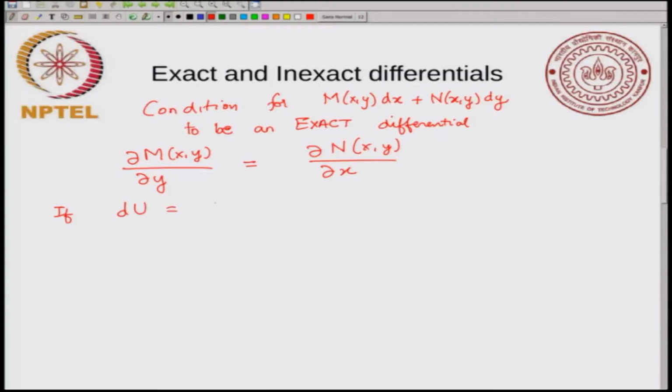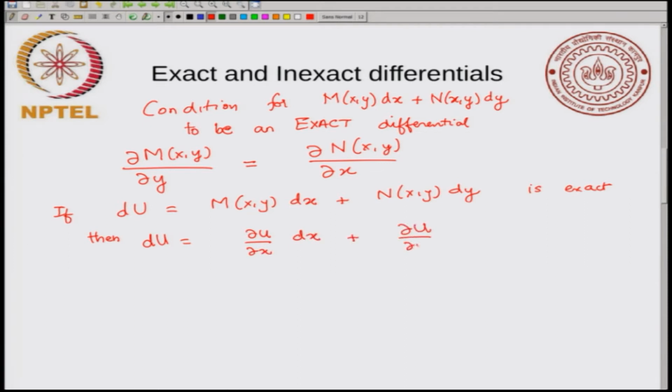du equal to M(x, y) dx plus N(x, y) dy is exact, then we have du is equal to ∂u/∂x dx plus ∂u/∂y dy.